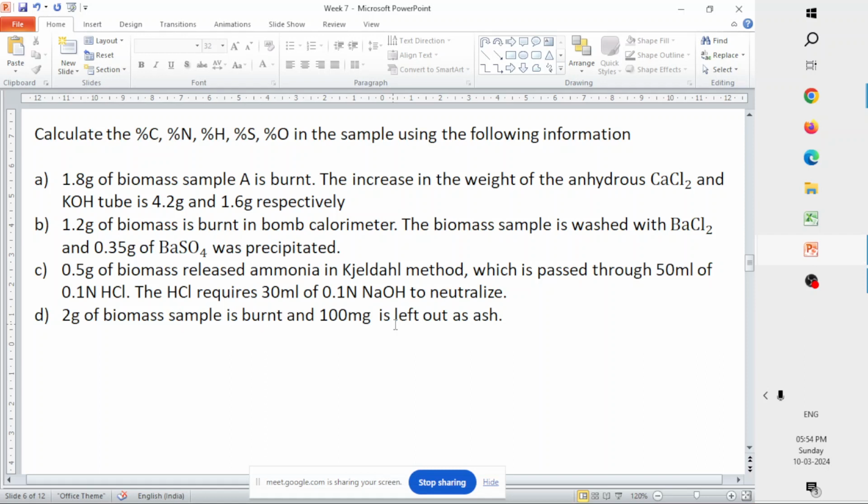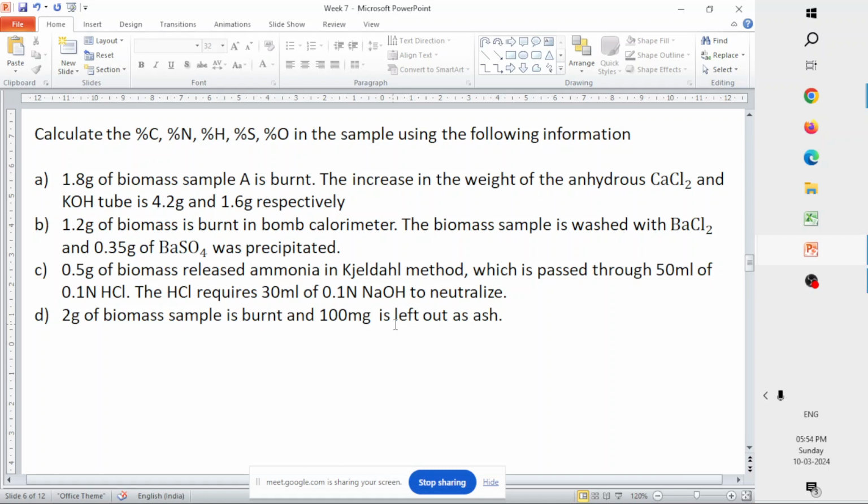Coming back to the question, a bomb calorimeter is an instrument used to measure the calorific value of a particular fuel. Here you are taking 1.2 gram of your biomass and burning it in the bomb calorimeter.